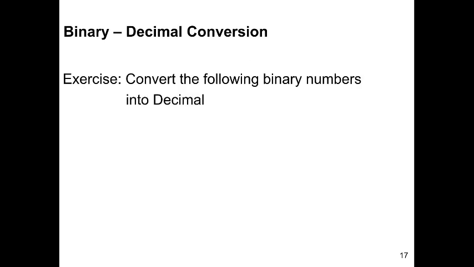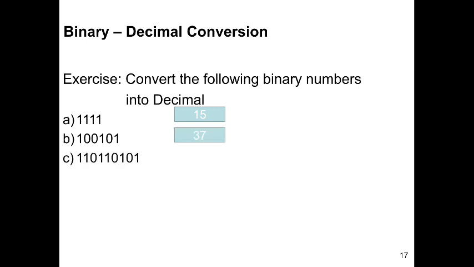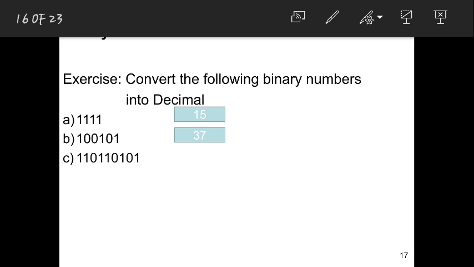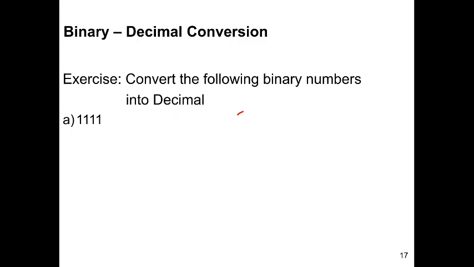See, next the same thing. Convert the following binary numbers into decimal. Just try to do this with the same procedure. See, here we have 4 bits, all 4 ones, that is nothing but 15. Okay, we have seen this in the tabular form.